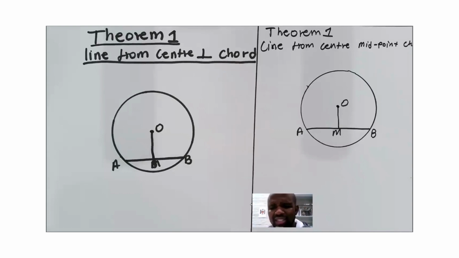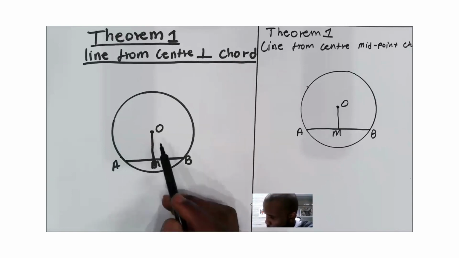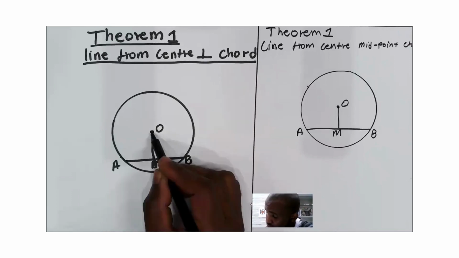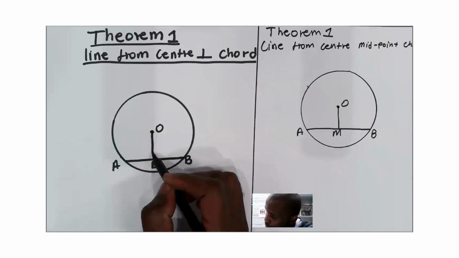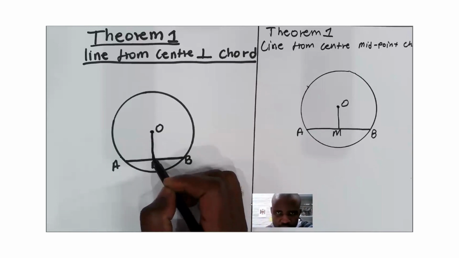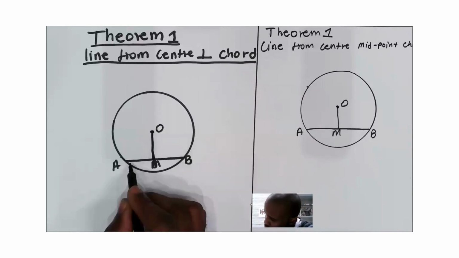Ithini kahle kahle? Ichaza ukuthini this theorem? Mase sesiyihlaziya kahle. Bathi a line from the center, sorry, a line from a center is perpendicular to what? To a chord. Why in a chord is this line from here to here.